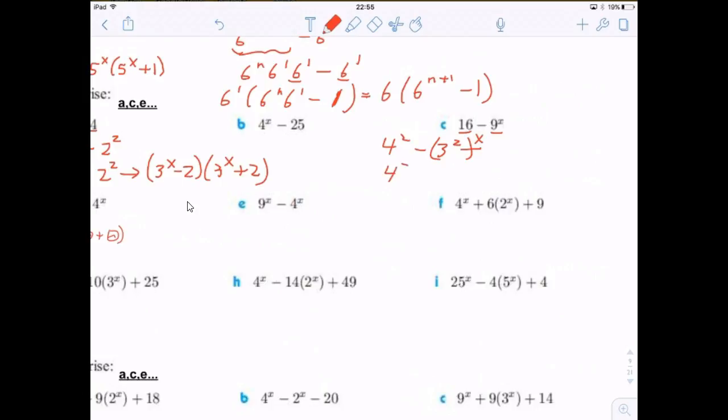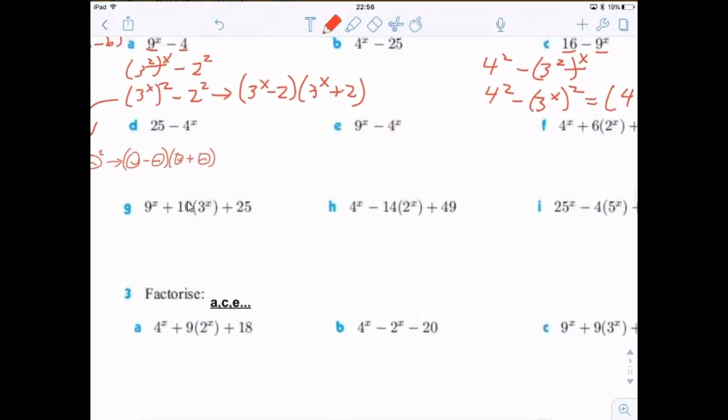I'm going to say 4 squared minus 3 to the x squared. So now I know I can factor this into 4 minus 3 to the x times 4 plus 3 to the x, right? A squared minus b squared is equal to a minus b times a plus b.